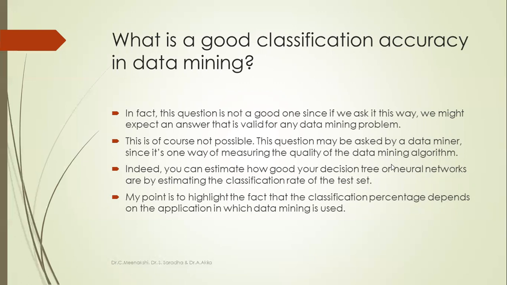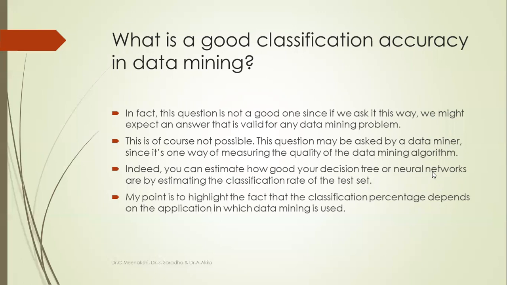You will have a question of data to a data miner, who will be measuring the quality of the data mining algorithm. You can estimate how well your decision tree or neural network algorithm is estimating the classification of the data.